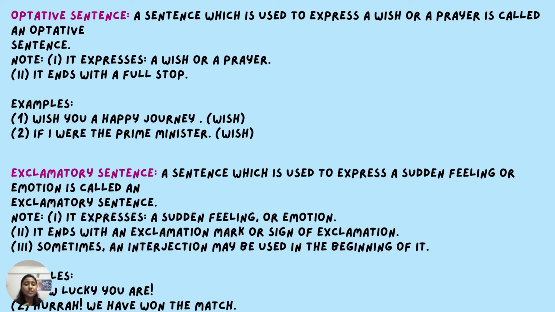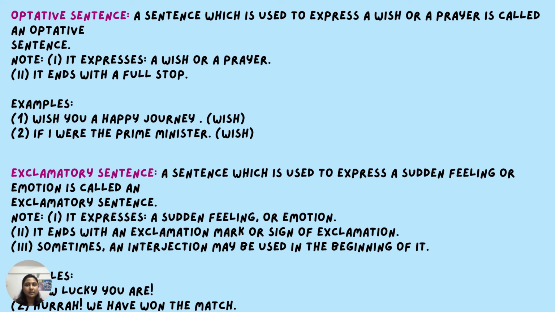So now moving on to exclamatory sentence. A sentence which is used to express a sudden feeling or emotion is called an exclamatory sentence. The first note is it expresses a sudden feeling or emotion, and it ends with the exclamation mark or sign of exclamation. And sometimes an interjection may be used in the beginning of it.